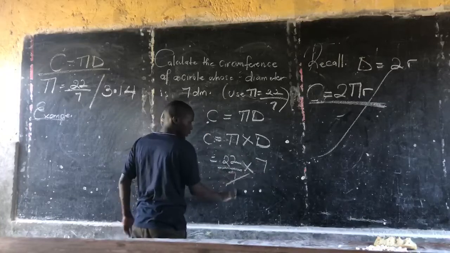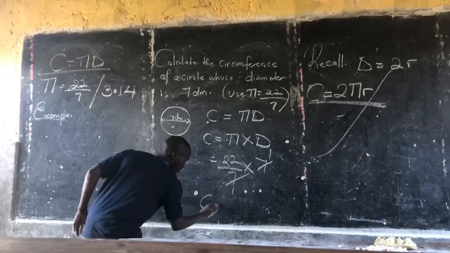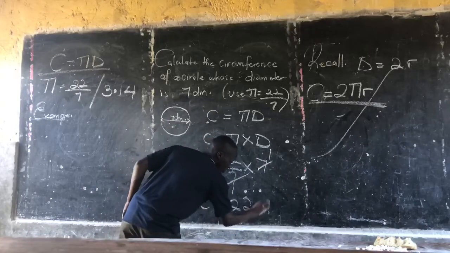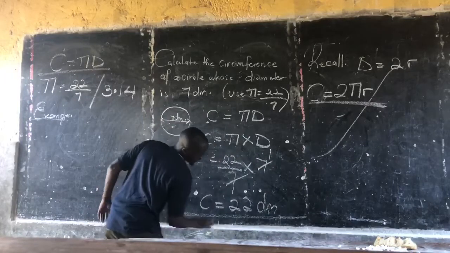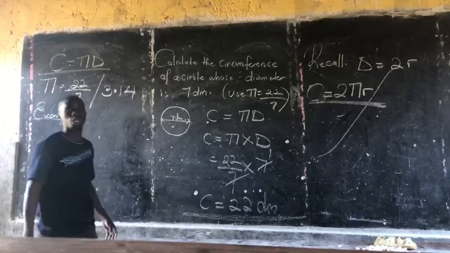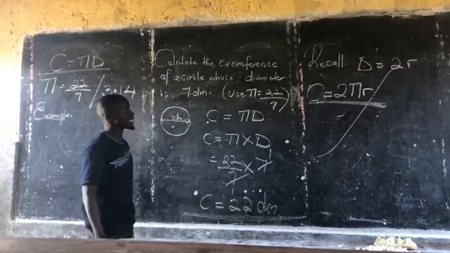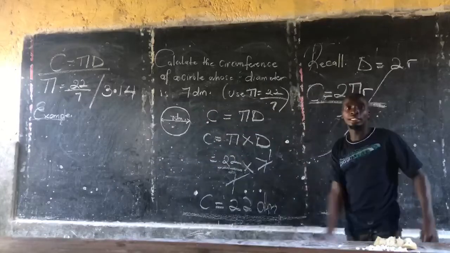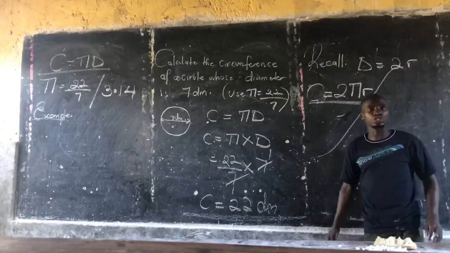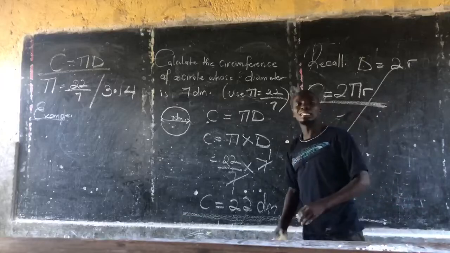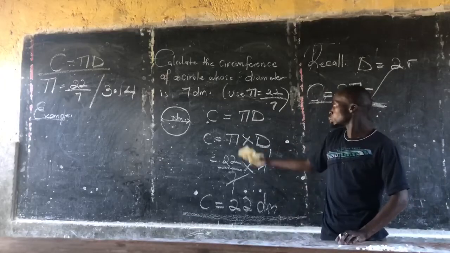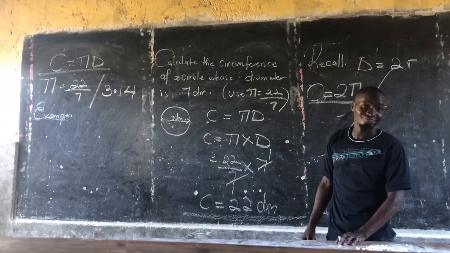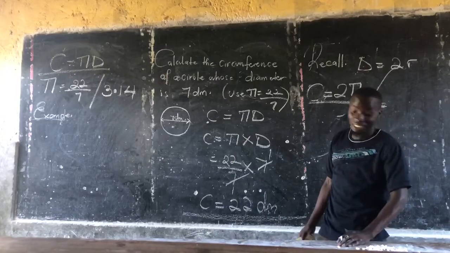So 7 once, 7 once, circumference is 22 decimeters. So the circumference of that circle will be 22 decimeters. Very simple.